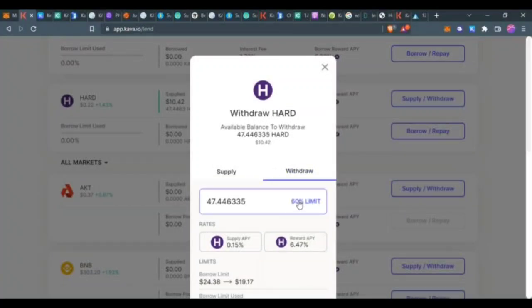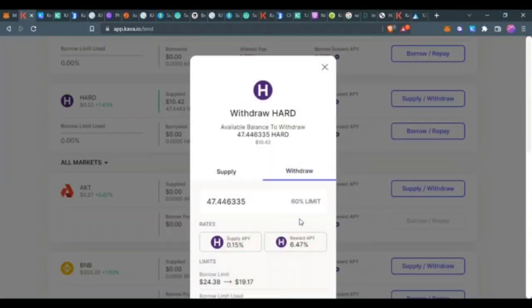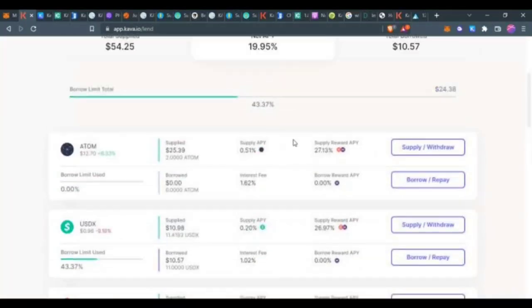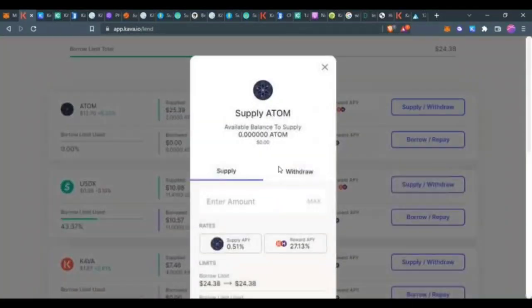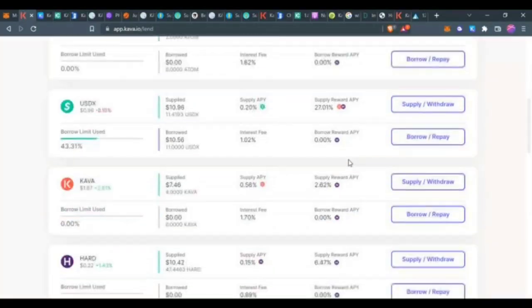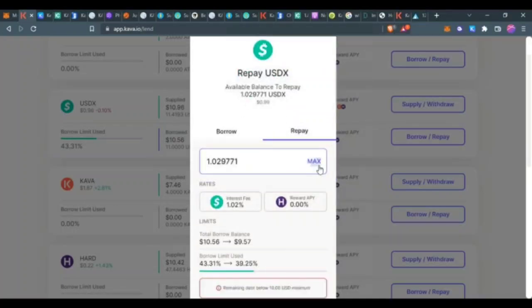Right now, you got a 60% limit. Well, no, yeah, we can actually withdraw all, the total amount here. So you withdraw because we still got other capital in there, but you just go through and withdraw whatever you want after paying off the initial loan. And the payoff, we go back to borrow, repay, repay, max it out.